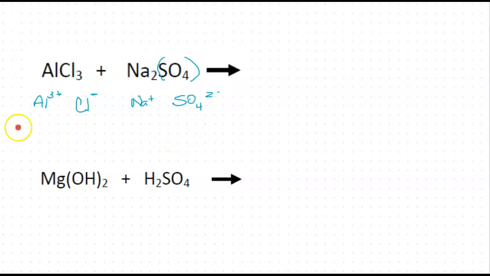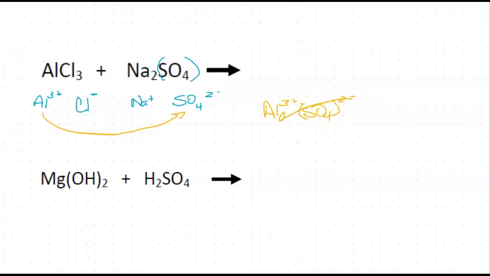So what I do is connect my outies, crisscross and reduce, and connect my innies, those ions on the inside, crisscross, reduce. So aluminum is going to go with sulfate. I have aluminum with a 3+ charge, and sulfate, SO4, that has a 2- charge.